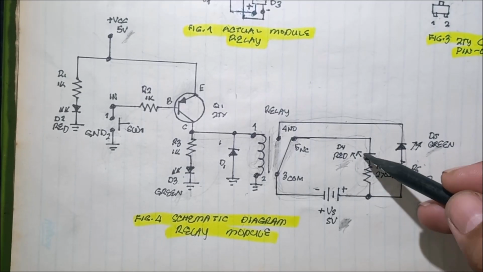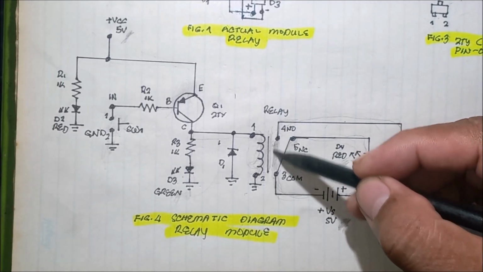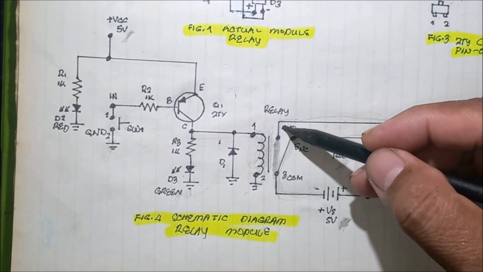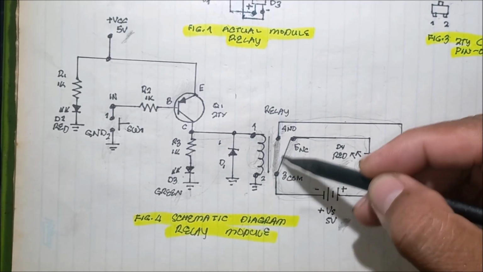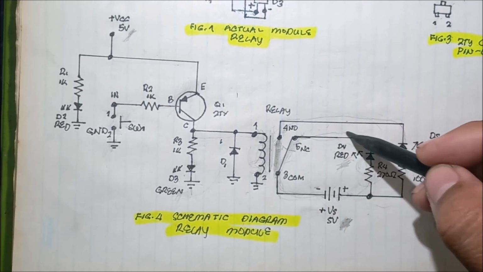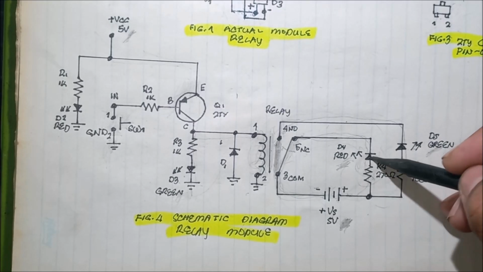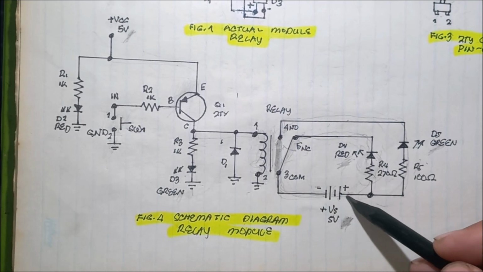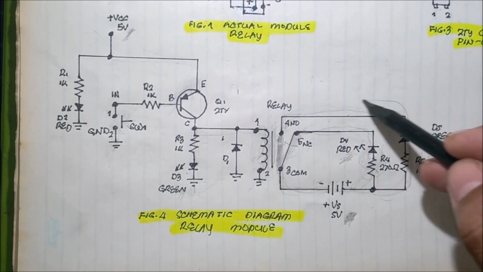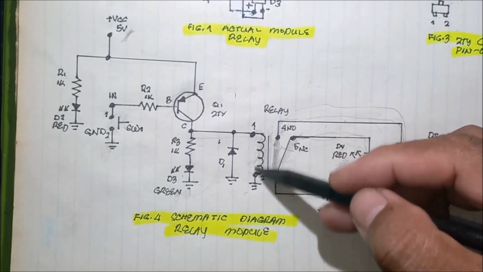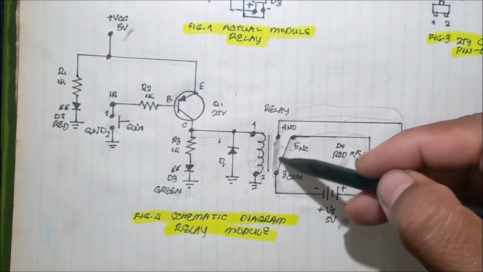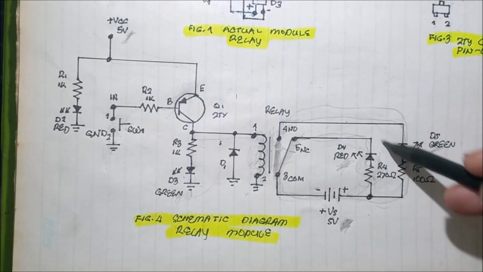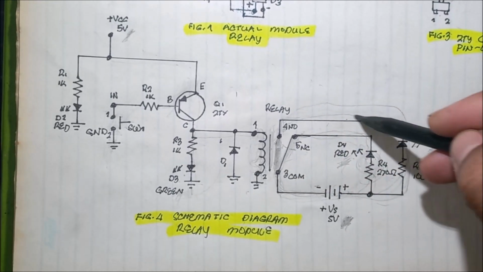And what happened to the red LED? It will turn off because the contact is now located at pins number 4 and 3. So there is no complete circuit for the red LED, so it will turn off. The complete circuit is now through the green LED due to the contact moving to pins 4 and 3, causing a closed circuit.